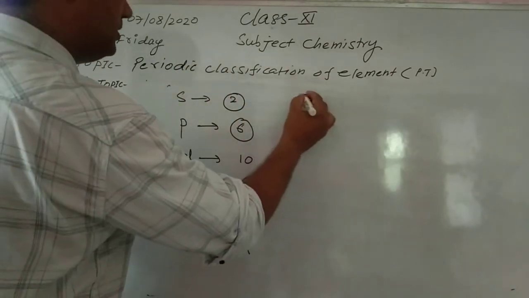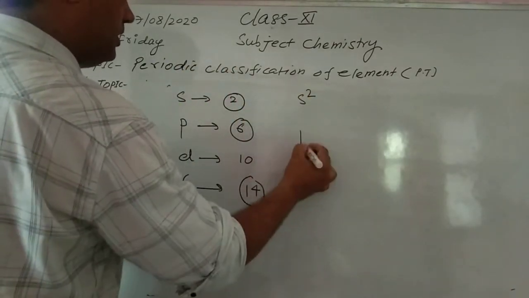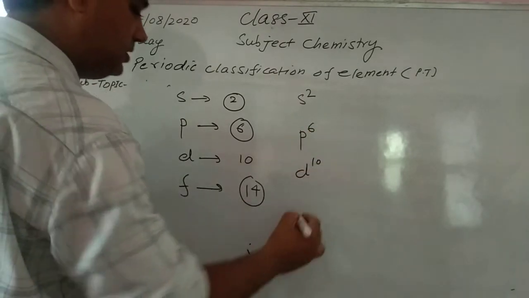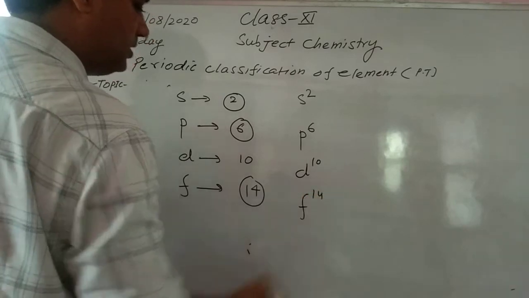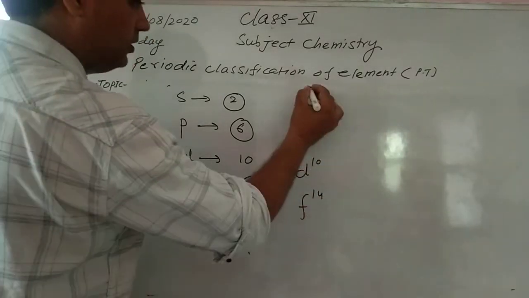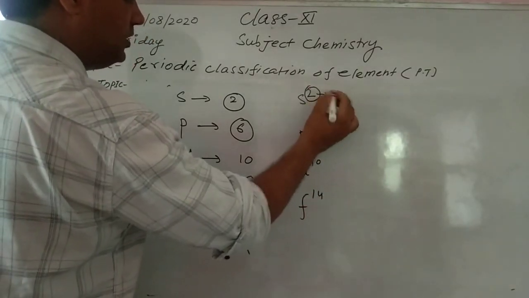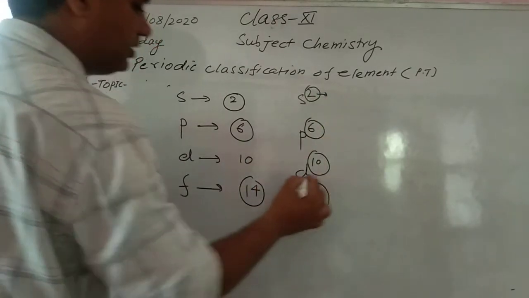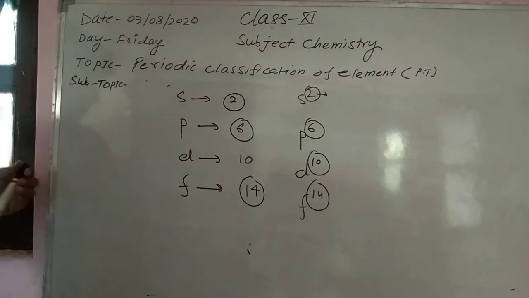So S is represented by S2, P by P6, D by D10, and F by F14, where 2, 6, 10 and 14 are the numbers of electrons.